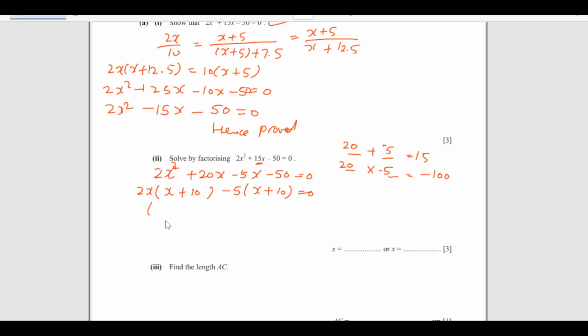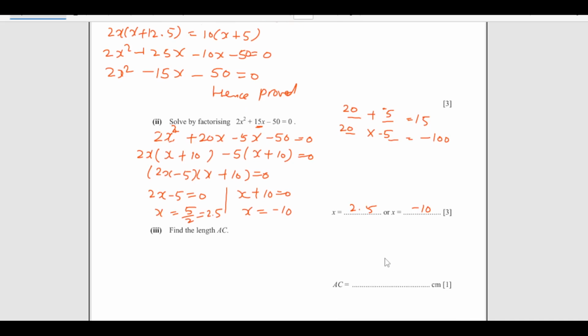So now we have 2x minus 5 and x plus 10 equals 0. So from here 2x minus 5 is 0 or x plus 10 is 0. So from here x is minus 10, from here x is 5 over 2, that is 2.5. So x is 2.5 and minus 10.